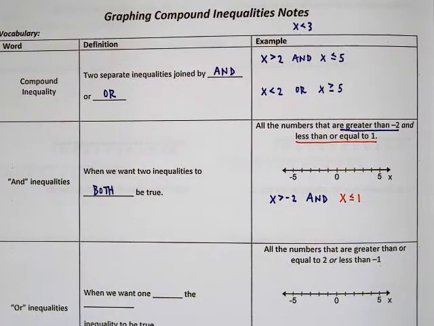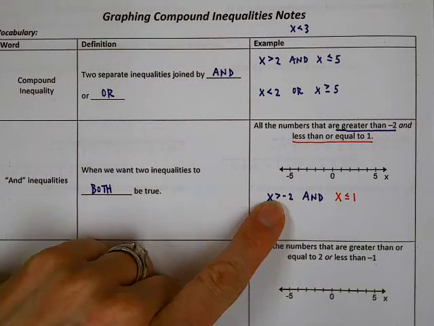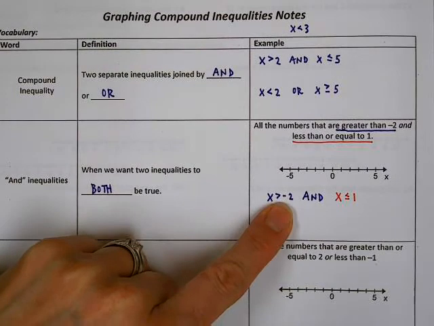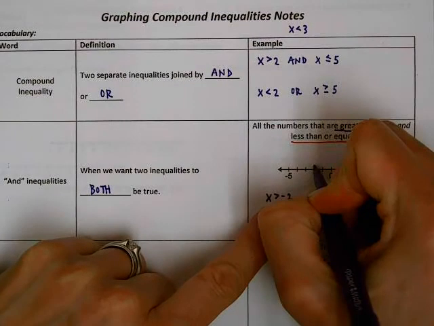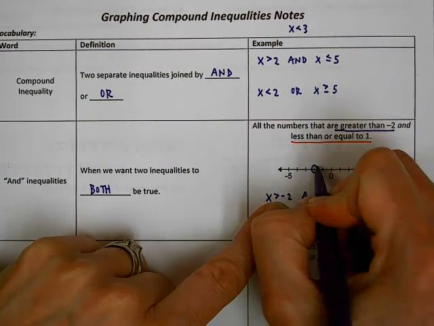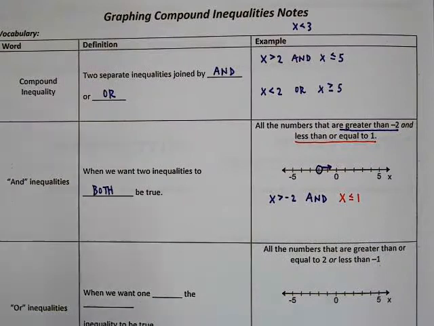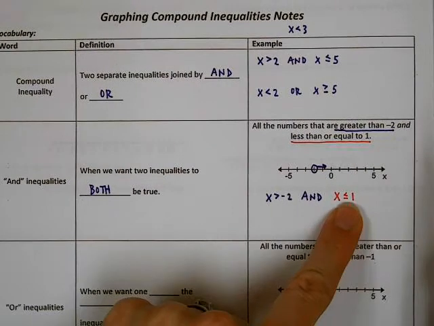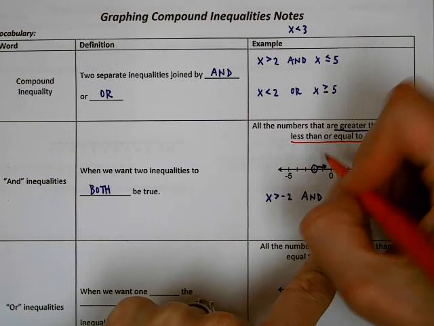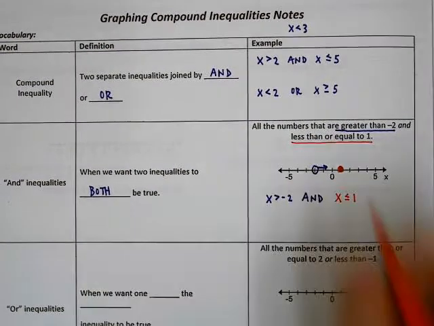So in terms of graphing, I'm going to take my first inequality, x is greater than -2. So I know I'm going to have an open circle on -2, and since it's greater than, I know I'm going to shade to the right. Now, for my second inequality, I have x is less than or equal to 1, so I know I have a closed circle here. Now in this case, I would shade to the left.